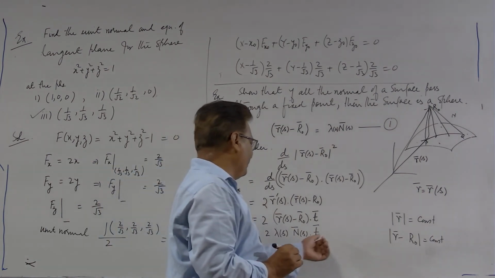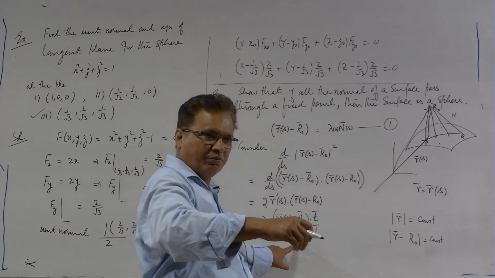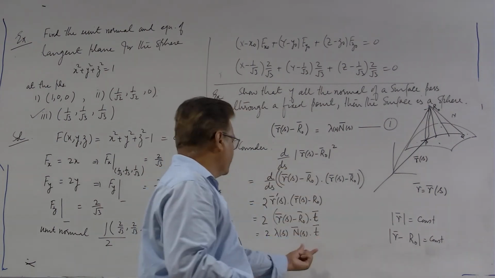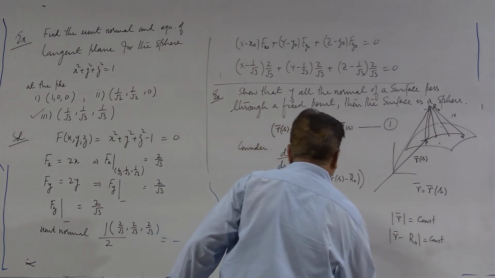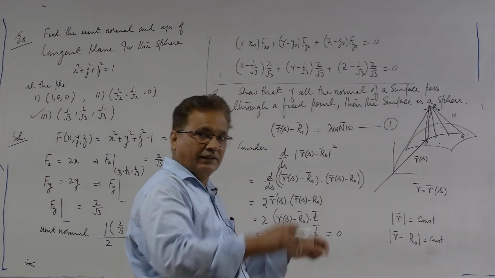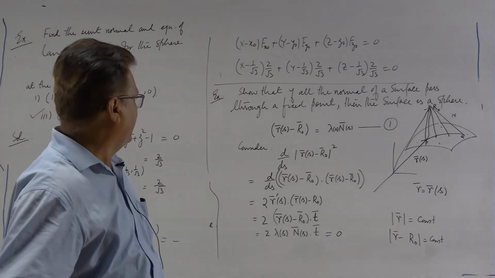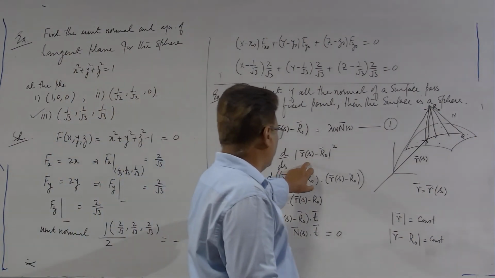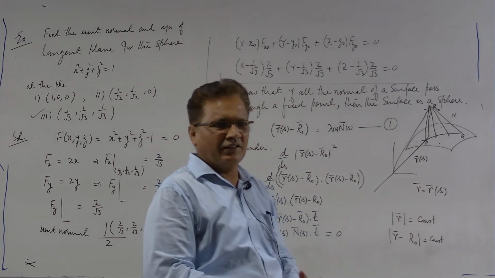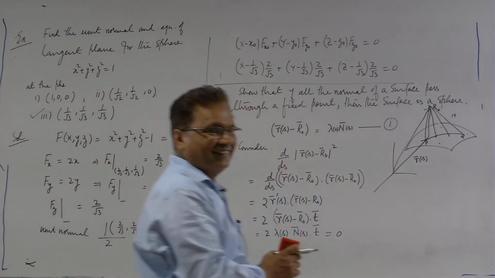Now, n will be perpendicular to t, because this n is normal to the surface at that point and t is tangent at that point where you are staying. So their dot product will be 0, the reason being that you are computing tangent and normal at the same point. So this product is 0. So what turns out is that the derivative of this quantity is 0, and therefore this quantity must be constant and we are done.